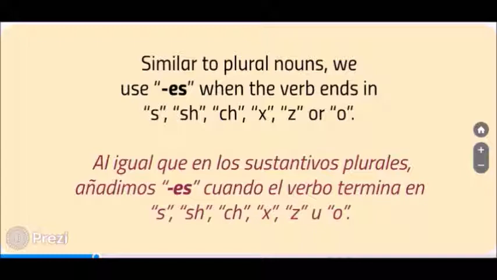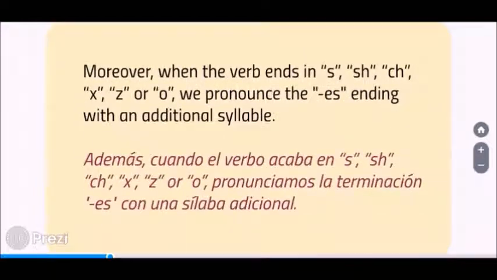Similar to plural nouns, we use es when the verb ends in s, sh, ch, x, z, or o. Moreover, when the verb ends in s, sh, ch, x, z, or o, we pronounce the es ending with an additional syllable.